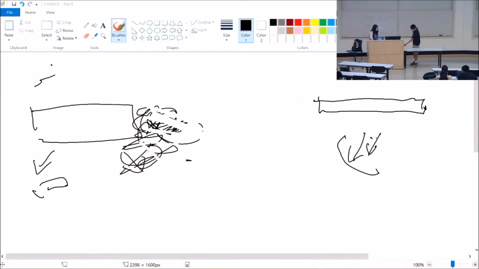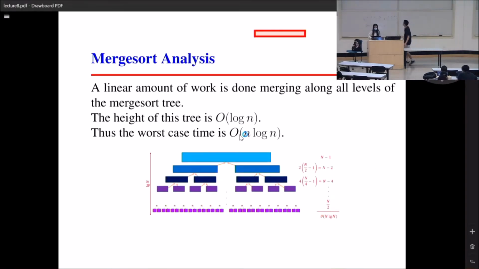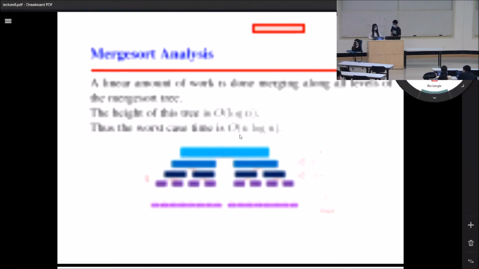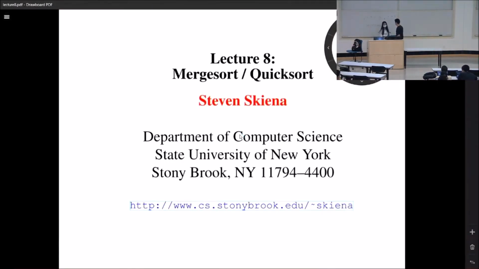Should we try using that HDMI? Because this is currently not connected to here. Maybe I can just change the pen, the marker. Sorry, it's okay.